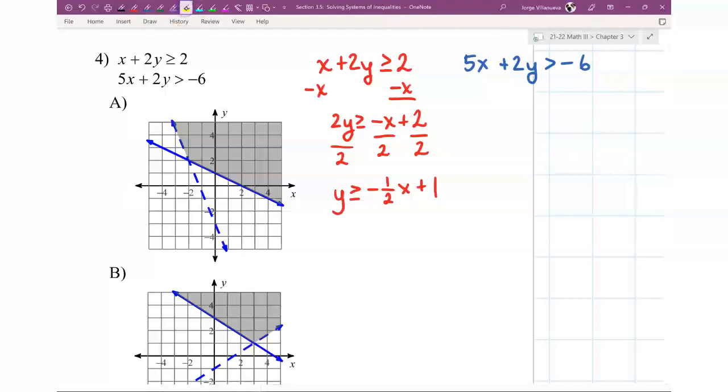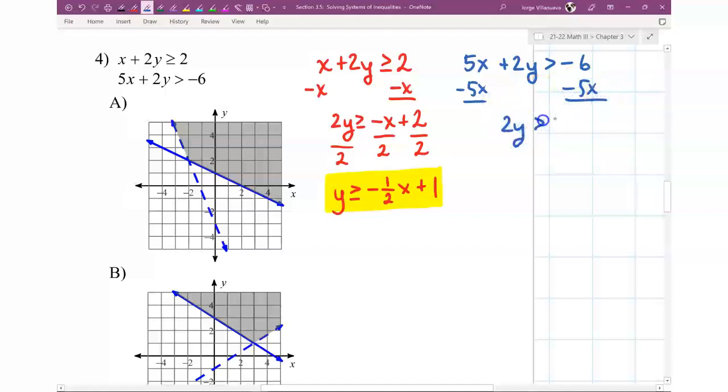I'm going to highlight that one yellow just so that when you guys see the picture, you'll know like, oh, that's the red line with the yellow color on it. And then we'll do the other one blue like I did the last time. Okay? So let's solve the blue one for y. So I'm going to subtract 5x. I get 2y greater than negative 5x minus 6. And then I'm going to divide everything by 2.